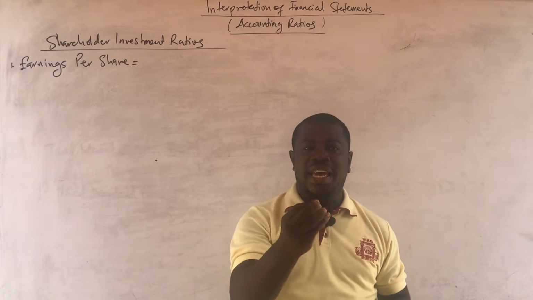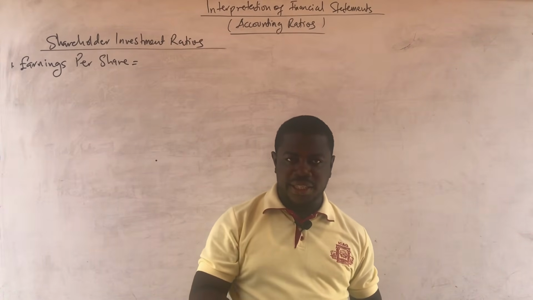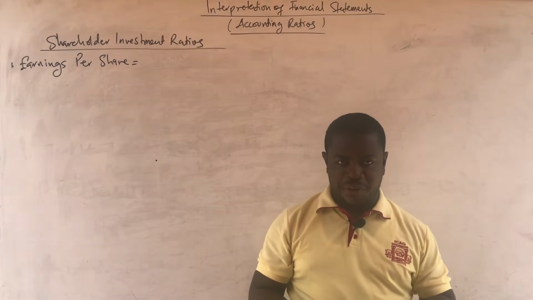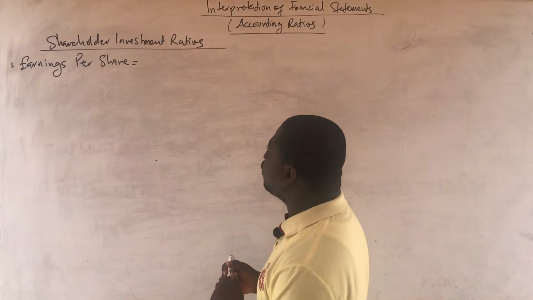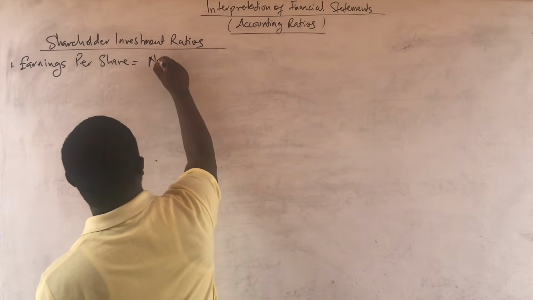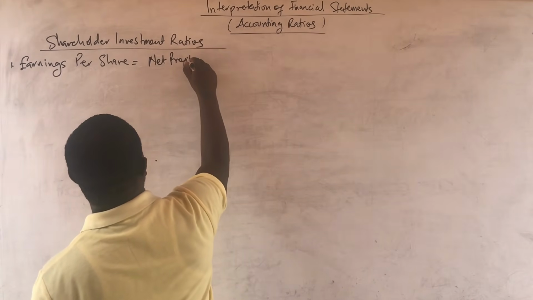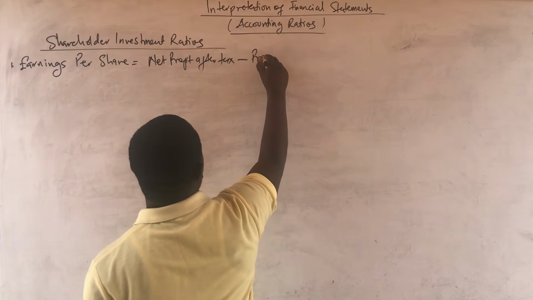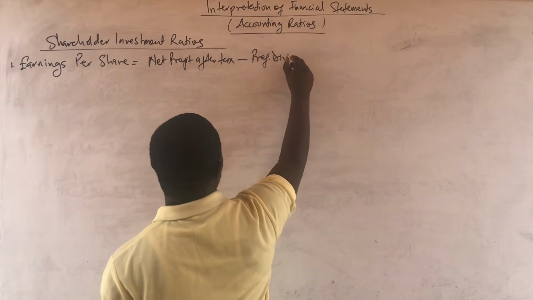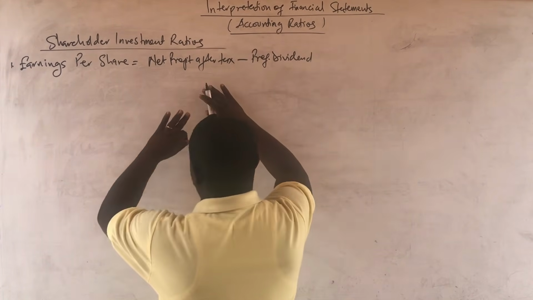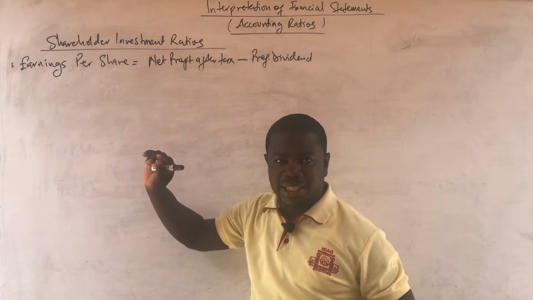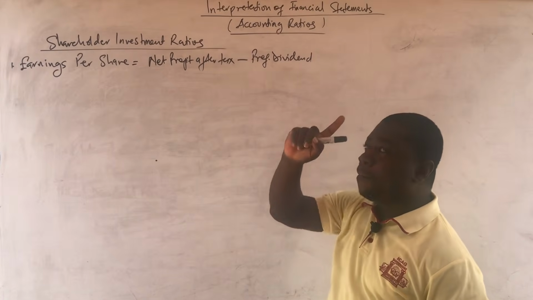And so when we say earnings in accounting or in finance, earnings has to do with your net profit after tax minus your preference dividend. That is your earnings. And so it's going to be net profit after tax minus preference dividend or fixed dividend. This is earnings. Now, we are looking not only at earnings, but we are looking at earnings per share.